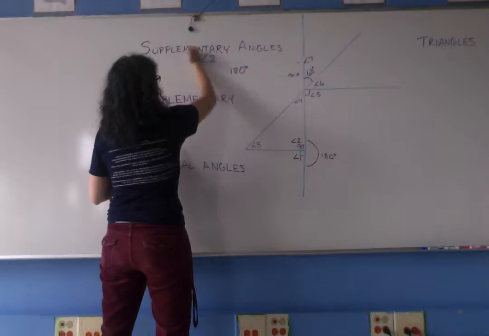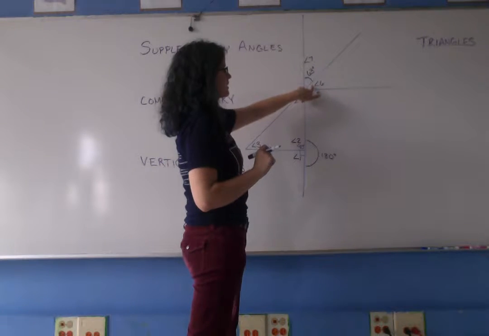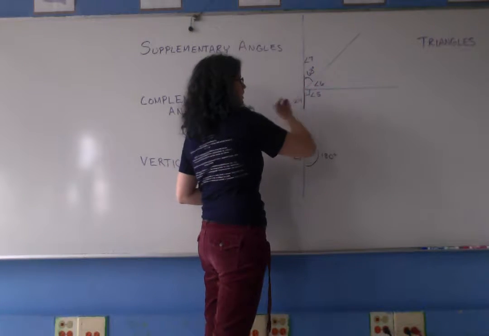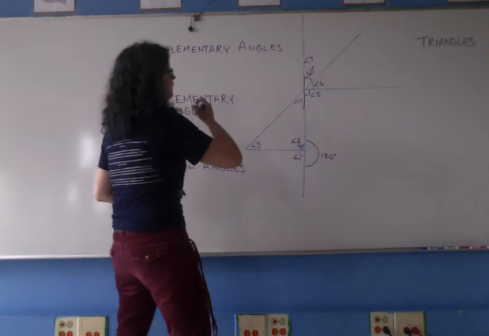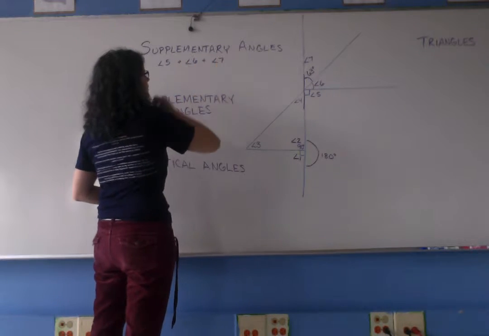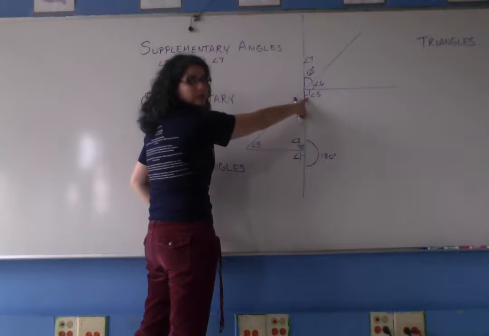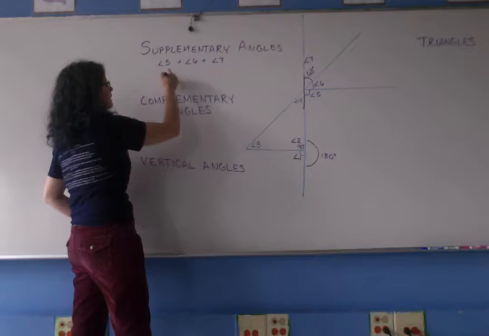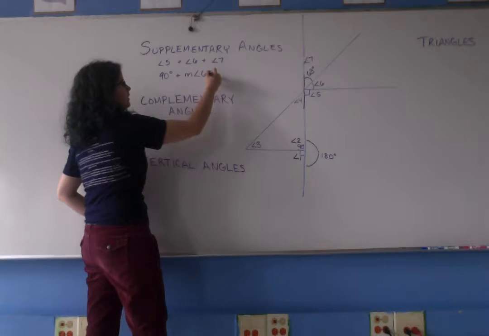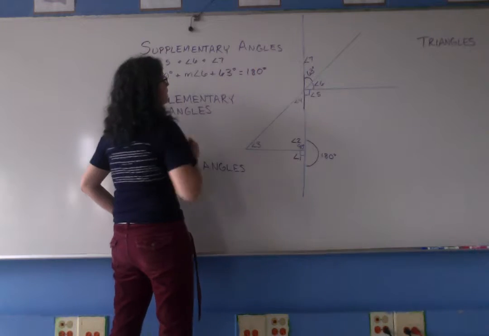I could say that angle 5, angle 6, and angle 7 are supplementary because they all form this 180 degree angle. So let's go ahead and say that angle 5, angle 6, and angle 7 are supplementary, which would mean that angle 5, which we have is a right angle, 90 degrees, plus angle 6, which we do not know, plus angle 7, which is 63 degrees, needs to equal 180 degrees.